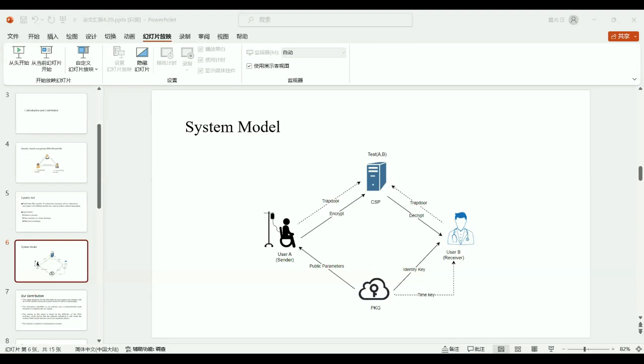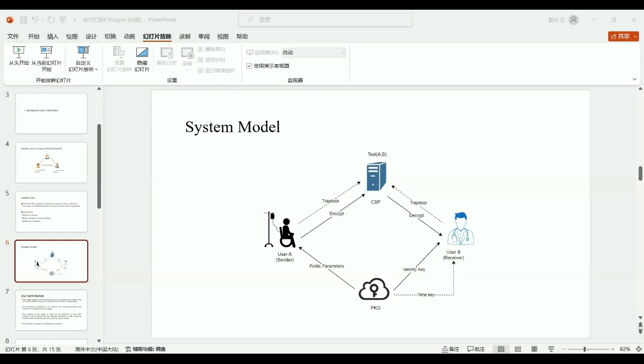Next, I will introduce the contribution points of this paper. This paper proposes for the first time an equality test scheme with revocable identity-based encryption based on lattice cryptography. The encryption algorithm in our scheme uses a programmable hash function to compress the key length.